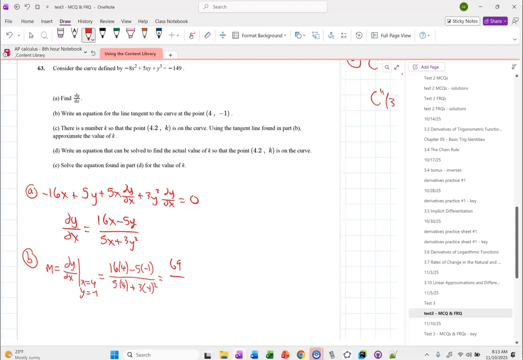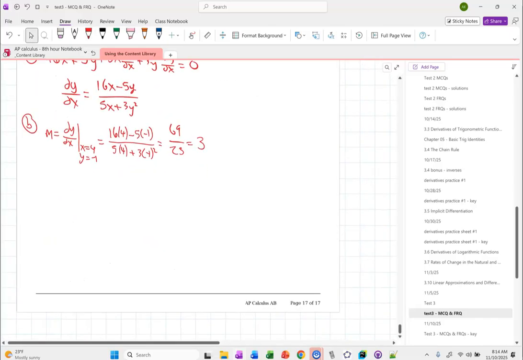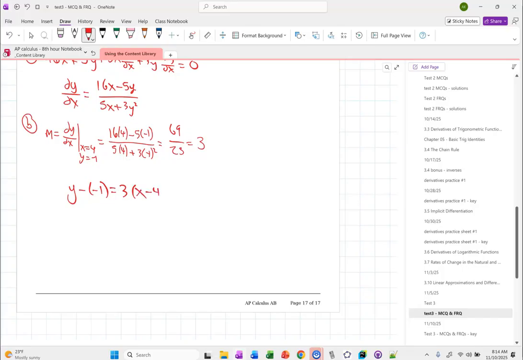Negative 1 squared is 1, plus 3 is 23. So I get 3 for my slope. That's nice. So everything I need. And again, you could simplify that more if you want to, or just leave it the way it is. No biggie.